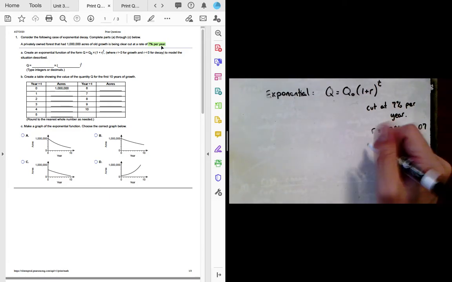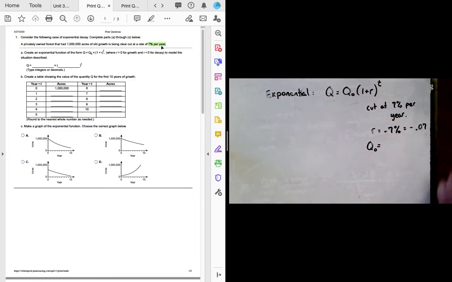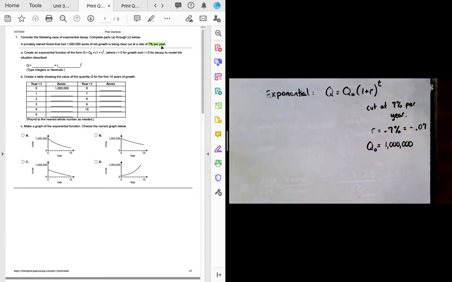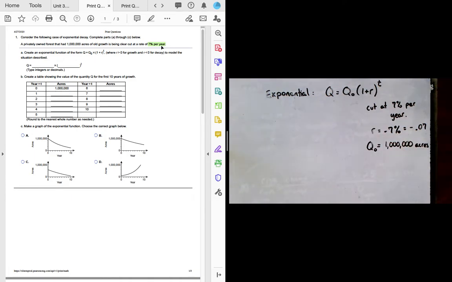Remember that Q naught is your initial value, or how much you started out with before you started applying the exponential decay. It told us that you originally had 1 million acres of forest. It's also important to know what unit Q naught is being measured in, because Q, this value over here on the left, is going to be measured in the same unit.